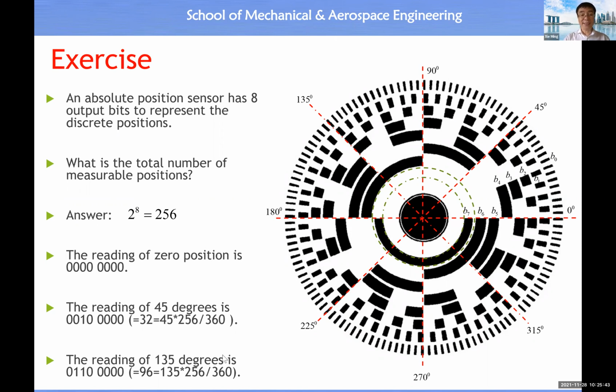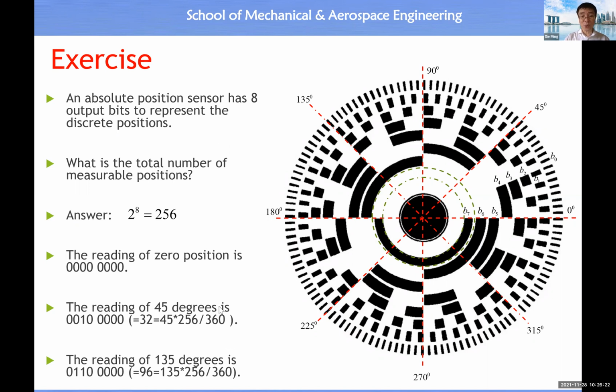The answer is, because the resolution of the measurement is equal to 360 divided by 256, so if we let 256 divided by 360, this gives you the resolution per degree, the bit value per degree.